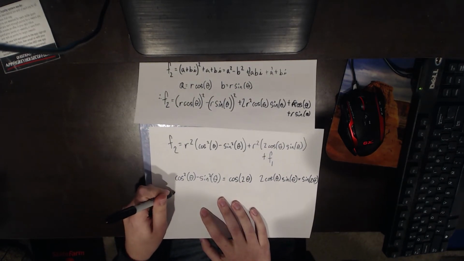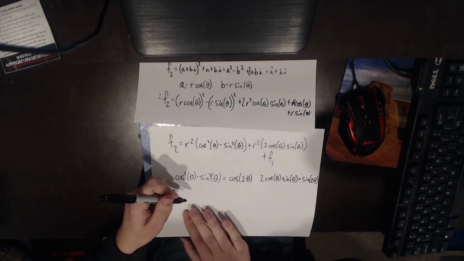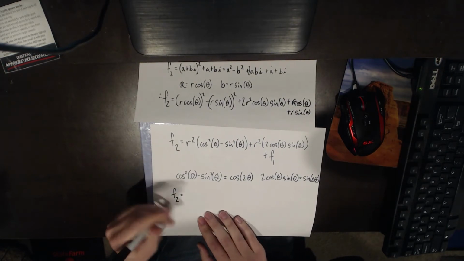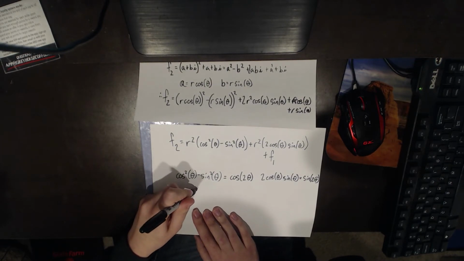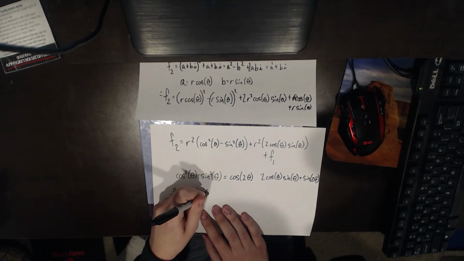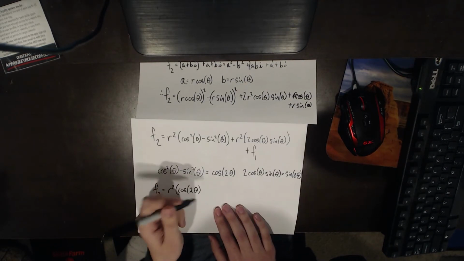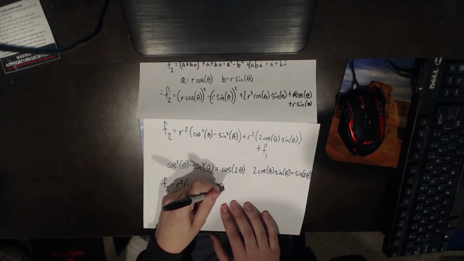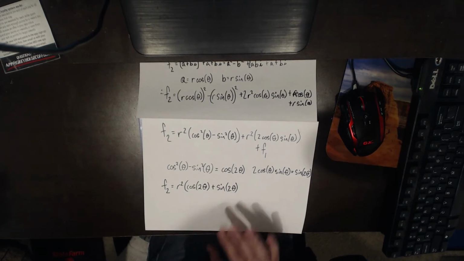So, because we can now do this, we can say that the second iteration is actually equal to r squared times the quantity of cosine 2 theta plus sine 2 theta i.